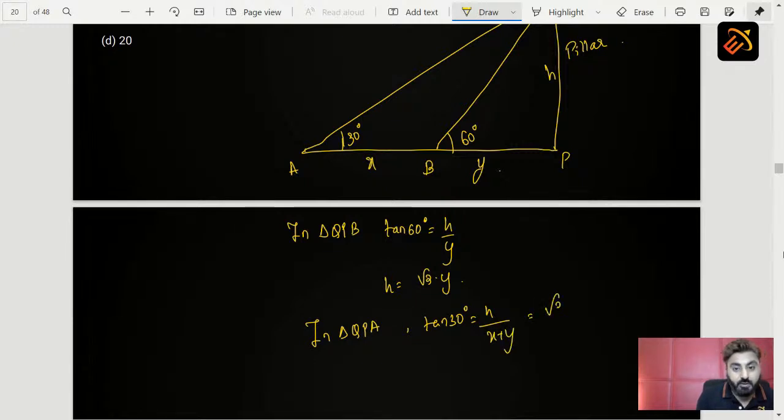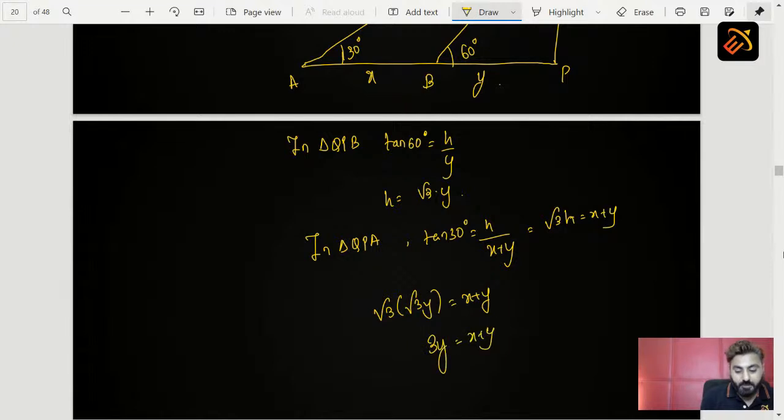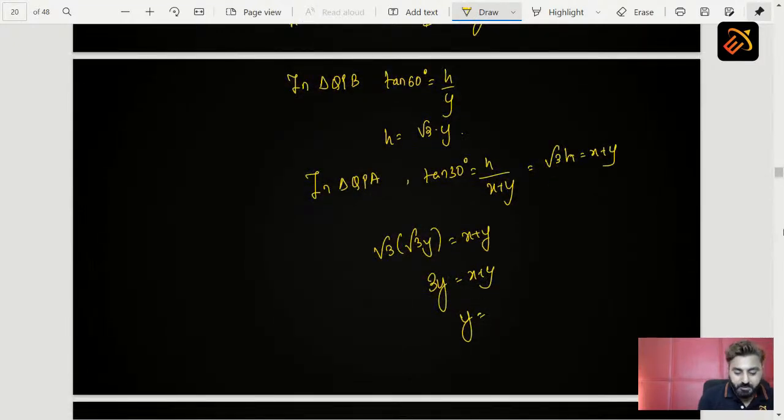So from this we get root 3 h is equal to x plus y. Now from these two equations, when we compare both sides, we get root 3 into root 3 y is equal to x plus y. So from this we get 3y is equal to x plus y. So y is nothing but x by 2.